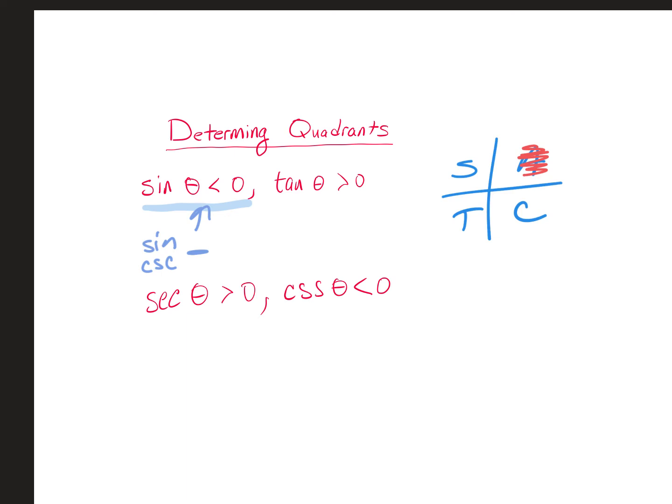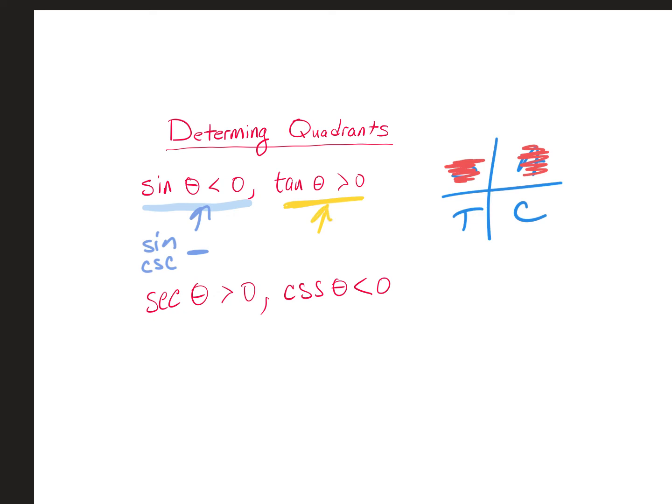In the second quadrant, are sine and cosecant positive or negative? Positive, so it can't be here. The first parameter tells you to cross off two things. Now the second piece, we look at this and it says tangent is greater than 0.